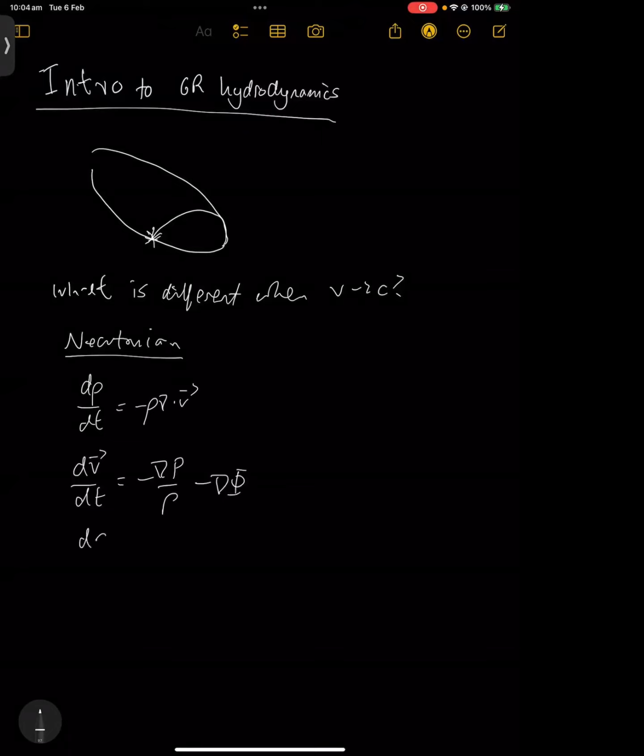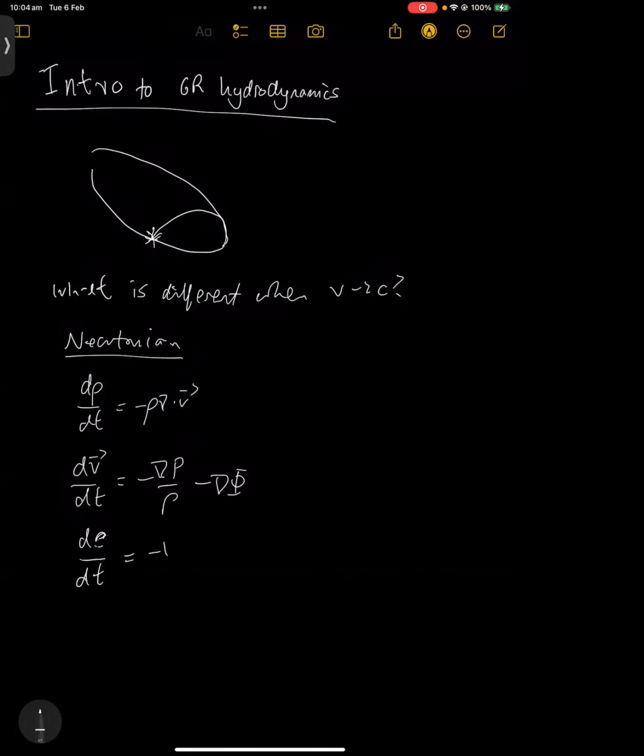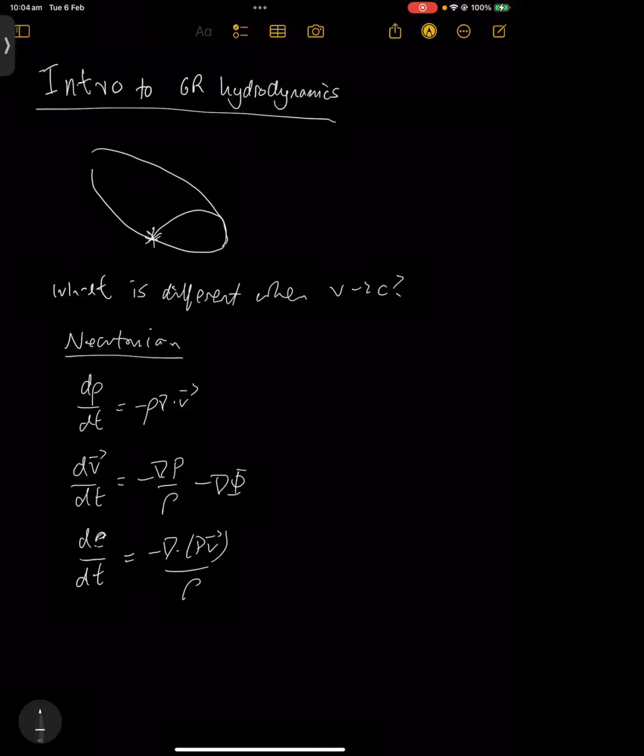And then we have an energy equation, for example. We say the total energy of the fluid is conserved, and that gives us a term that looks something like minus grad of PV over rho. And that's basically expressing conservation of mass, momentum, and energy.